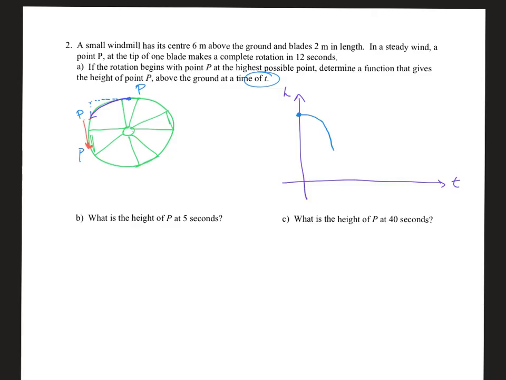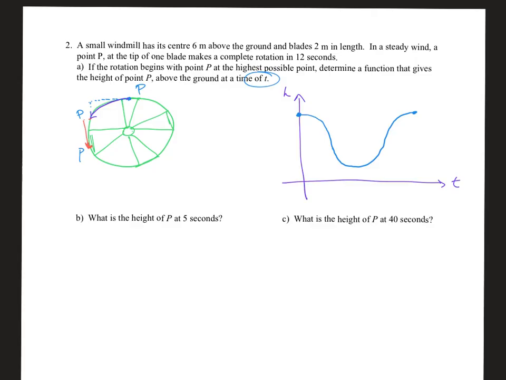On my graph, that would be the purple followed by the red segment. So we can tell then that point P is not going to be linear in its height change over time. And so then I get towards the bottom and then I wrap back up towards the top, and that would be one complete rotation of point P.